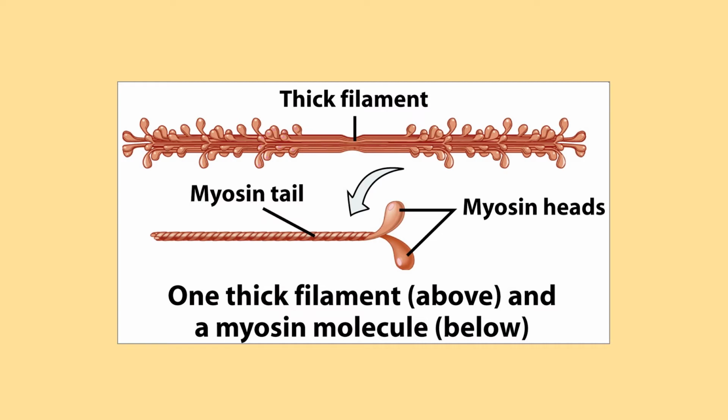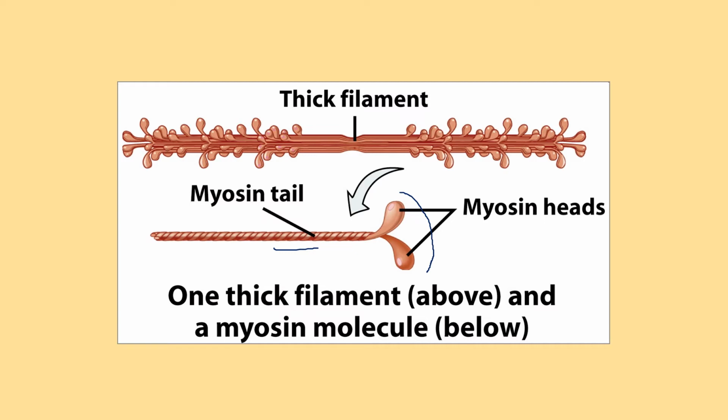Thick filaments are made out of several hundred molecules of the same protein, and that protein is called myosin. You can think of a thick filament as a bundle of myosin, and one molecule of myosin has a tail and two heads. It sort of looks like two golf clubs, or two hockey sticks, where the handles are wrapped around each other.